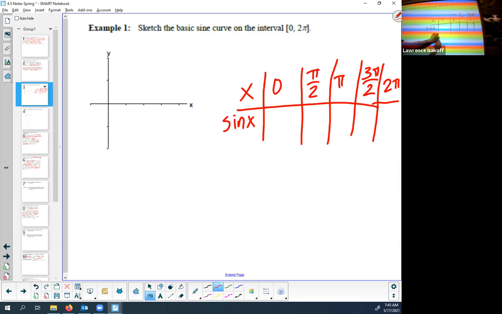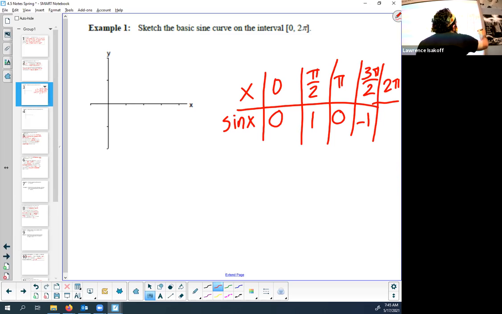So sine starts at 0, goes up to 1, goes back to 0 at pi, -1 at 3 pi over 2, and back to 0.